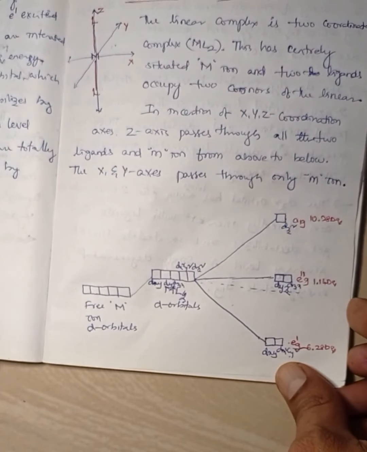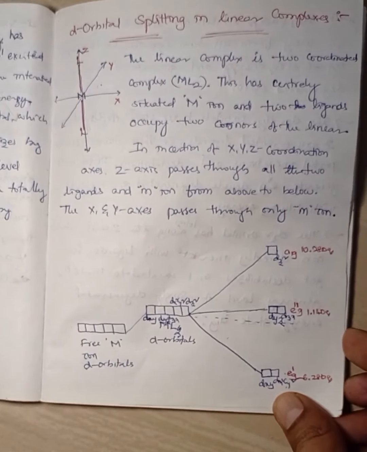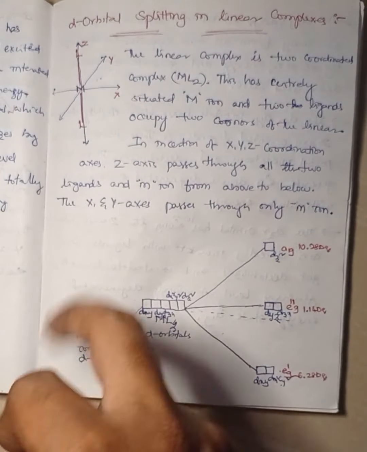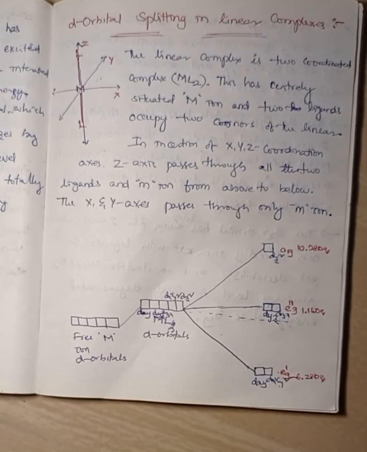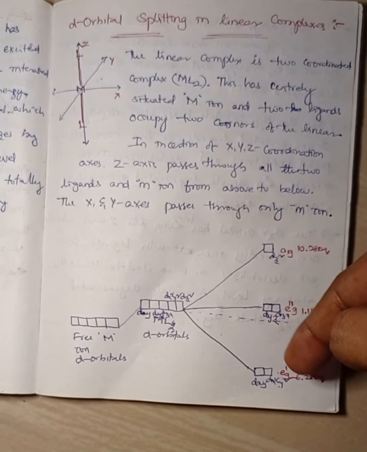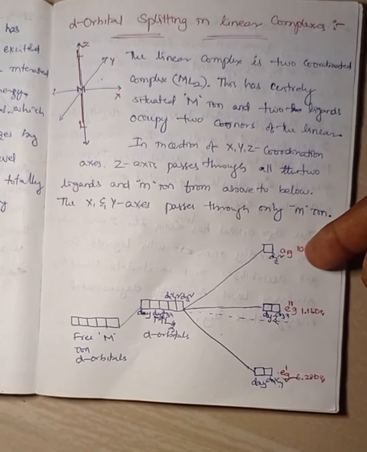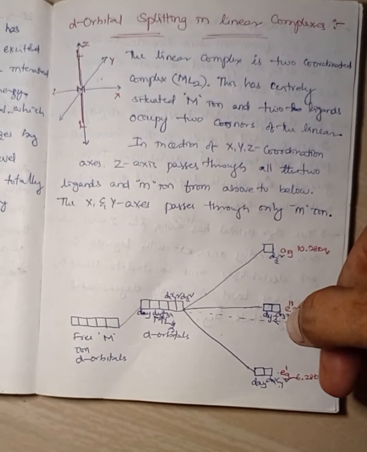One more time I am giving you the splitting pattern. The linear complex having five non-degenerate d orbitals will split into three energy states: one singly degenerate state and two doubly degenerate states.